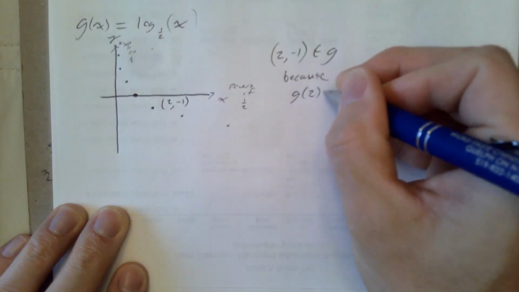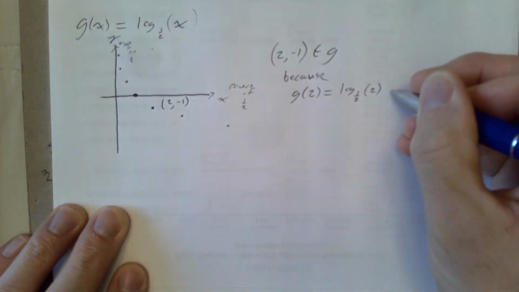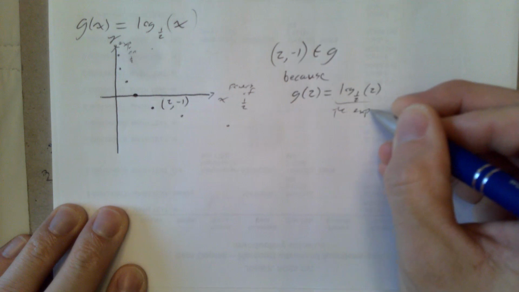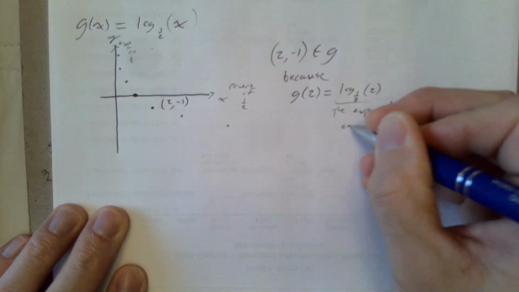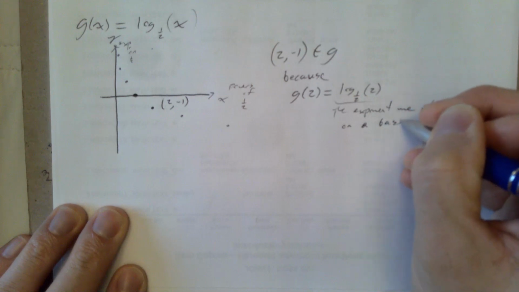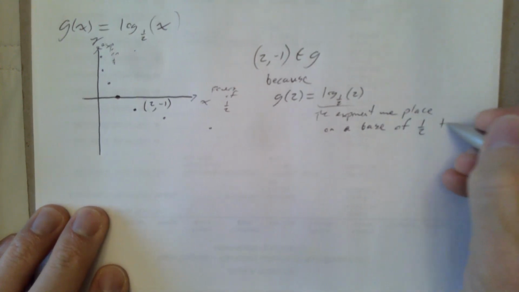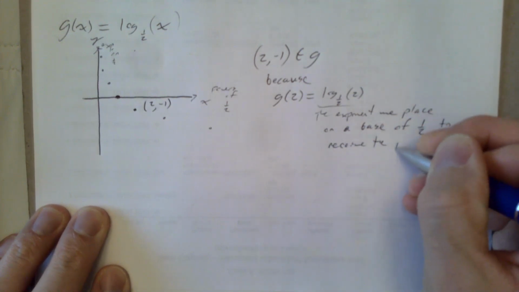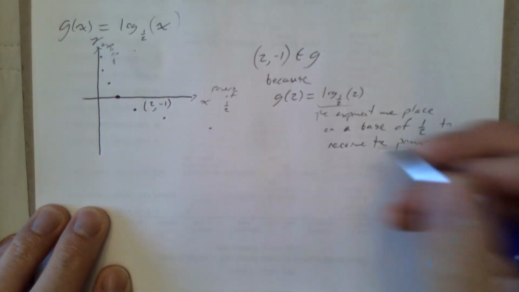Well, g of 2 is going to be log base 1/2 of 2, which is going to be the exponent we place on a base of 1/2 to receive the power 2.